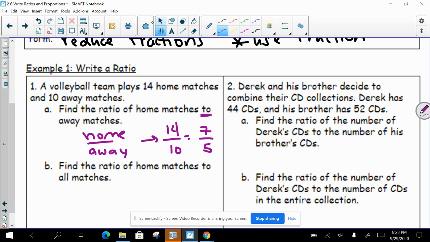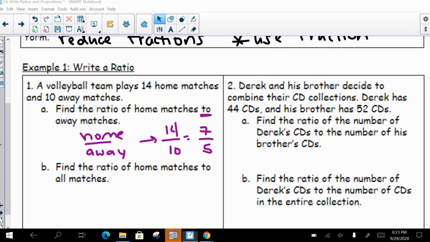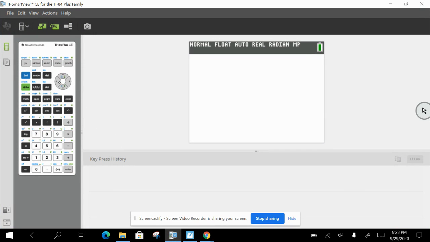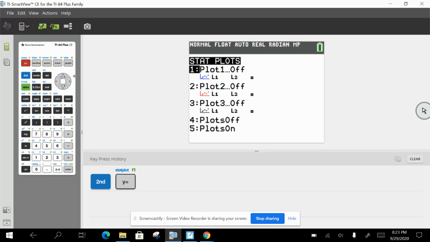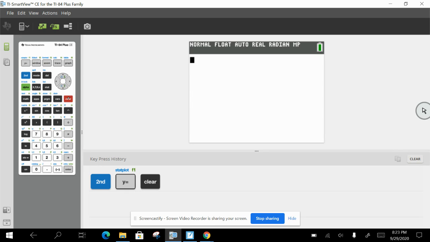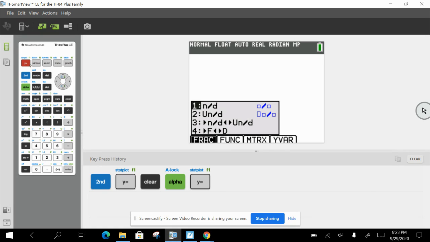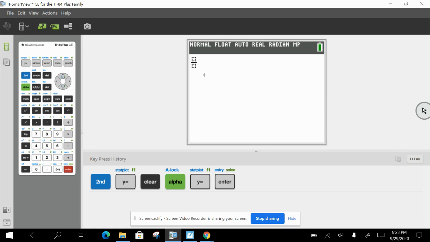Let's say that you had a more complicated fraction and you didn't know how to reduce it. Let's get out your calculator, and let me show you a couple tricks. One way, if you have a newer calculator that says TI-84 Plus CE, or if it has just the Plus or the CE, you can press alpha, y equals, and this first option here is the fraction button.